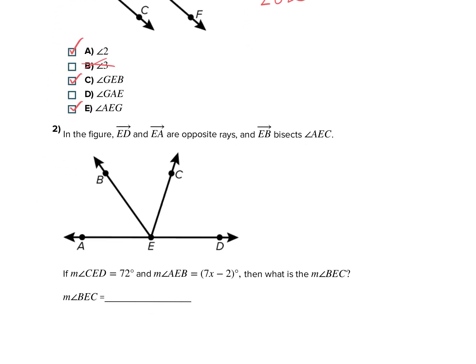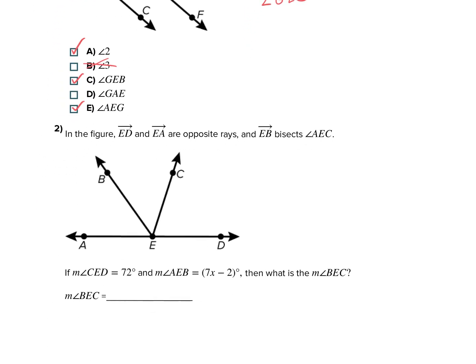All right, next. Here in the figure, ED and EA are opposite rays, and we're told that EB bisects ACE. Okay, so now remember, bisect means to cut in half.